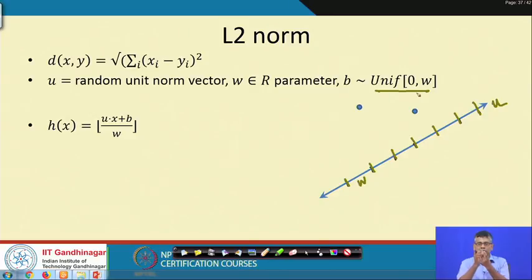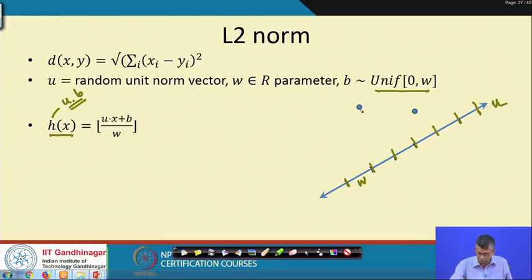It adds a random shift. So, h is now a function of u and b. These are the 2 random choices. And now h of x is defined as: you take the dot product of u and x, you add the shift, and then you bucket it by w.